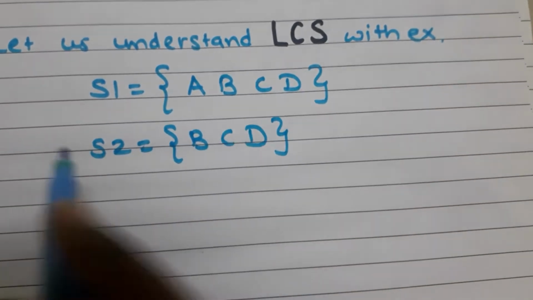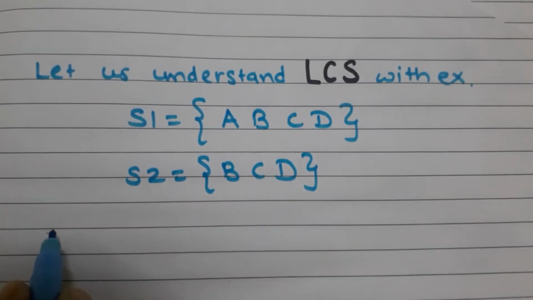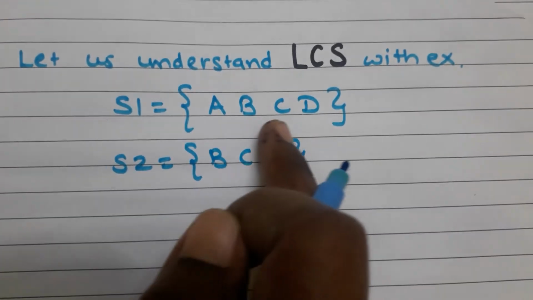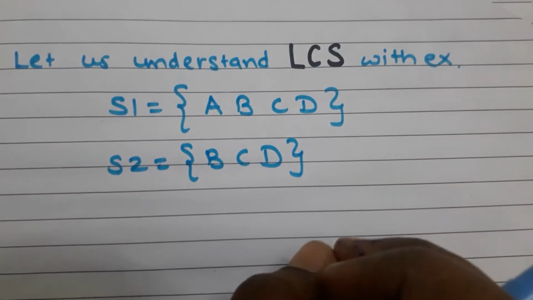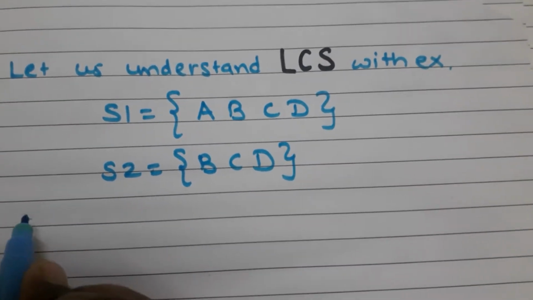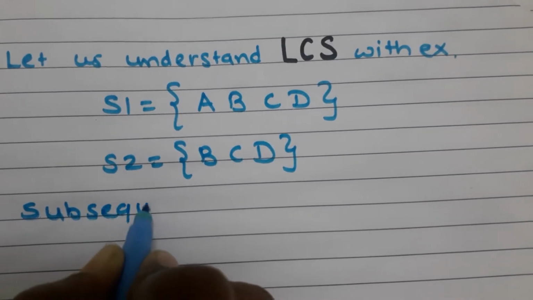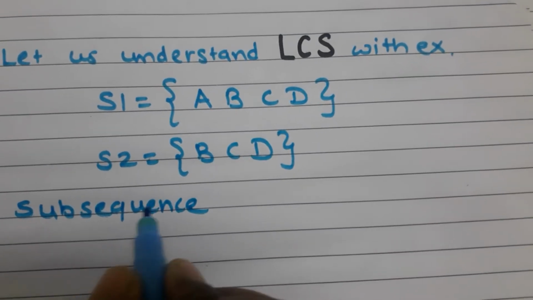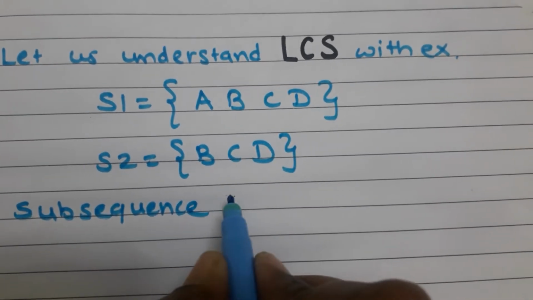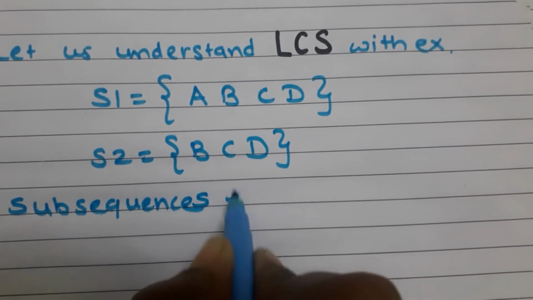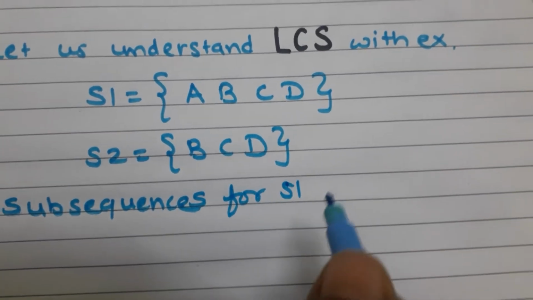So first of all, here you can see that the number of characters is very small. Therefore in that case we will do it manually, just by seeing, and write the subsequences for S1 within brackets.